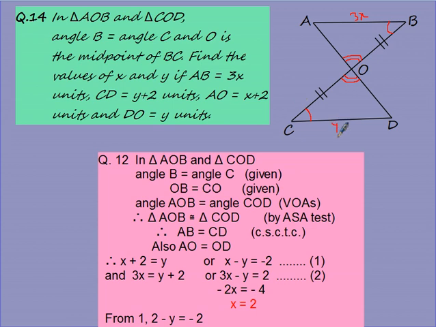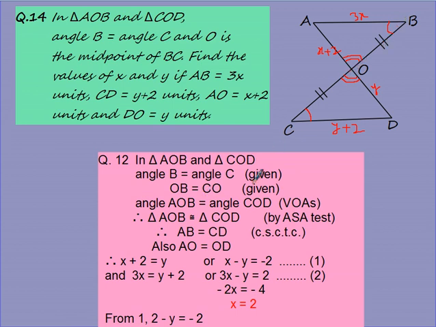So you will be getting simultaneous equations because they will come equal. So 3x is equal to y plus 2 after you prove them congruent. And then AO is given x plus 2, because once you prove them equal, these parts will also be equal. So this is given x plus 2 and DO is given y. So now first you prove them congruent by saying A as A, because one is vertically opposite and one is alternate, or one is given.